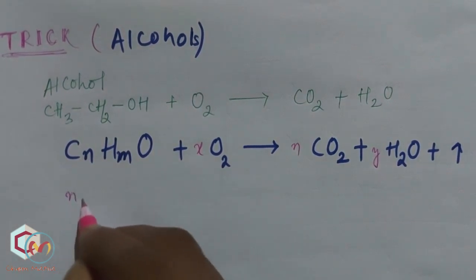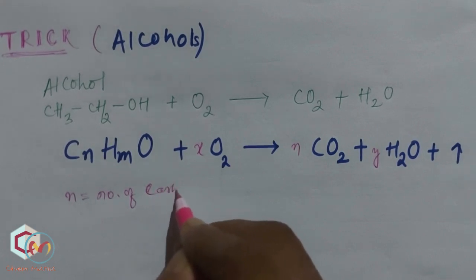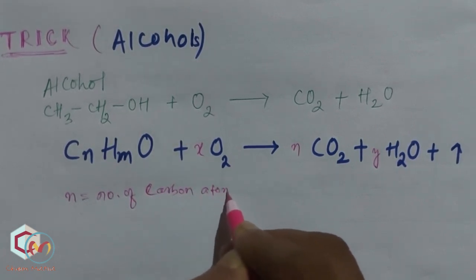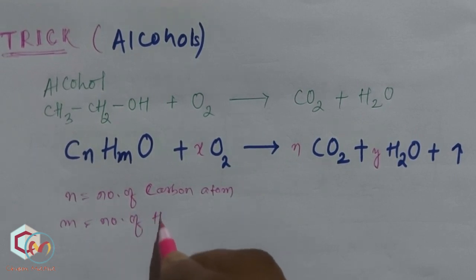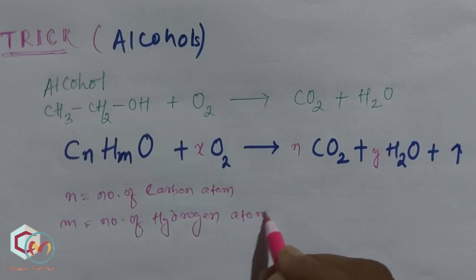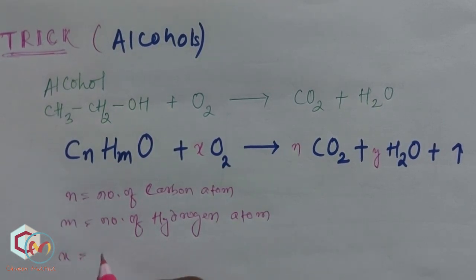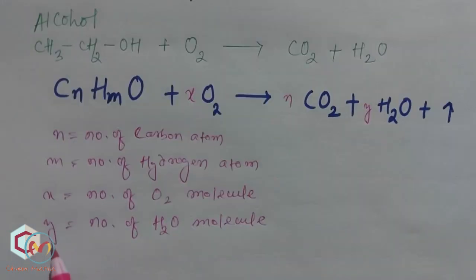So n is equal to number of carbon atoms, m is equal to number of hydrogen atoms, and x is equal to number of O2 molecules, and y is equal to number of H2O molecules.